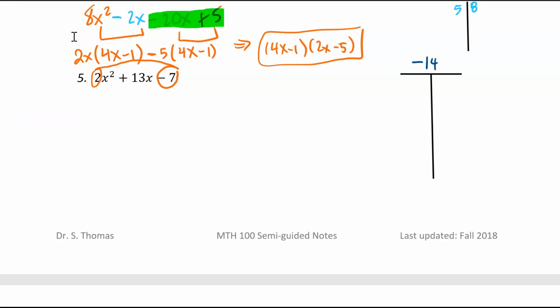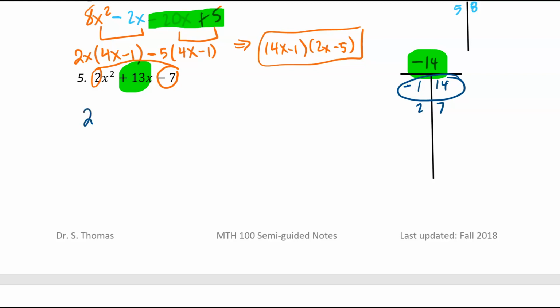Factors of positive 14 are 1 and 14, 2 and 7. But what will work so that when we add, we get the positive 13 that we want, but when we multiply, we get negative 14? So if you said negative 1 and positive 14, you are correct.